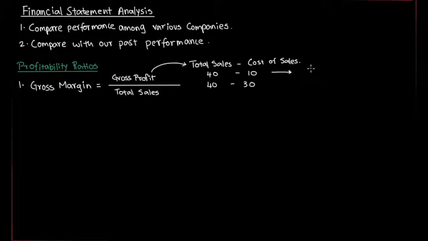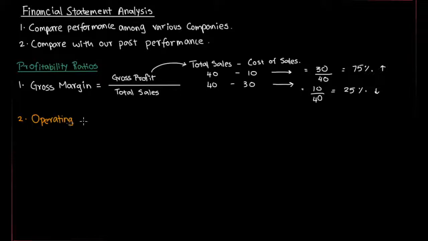Let's use the ratio here: 30 divided by total sales, which is 40, gives us in percentage terms about 75%. The bottom scenario would give us 25%. The 25% shows very low profitability of the company, and 75% shows very high profitability of the company.